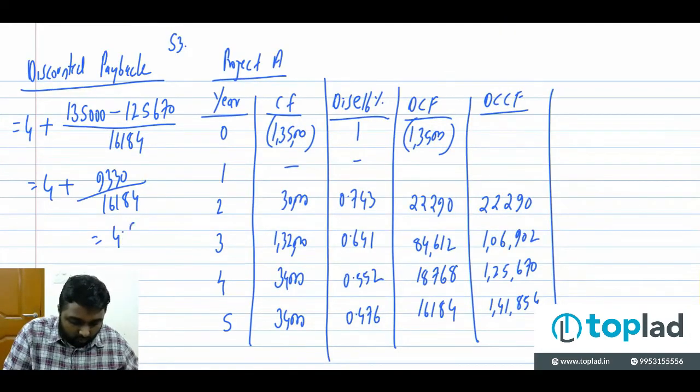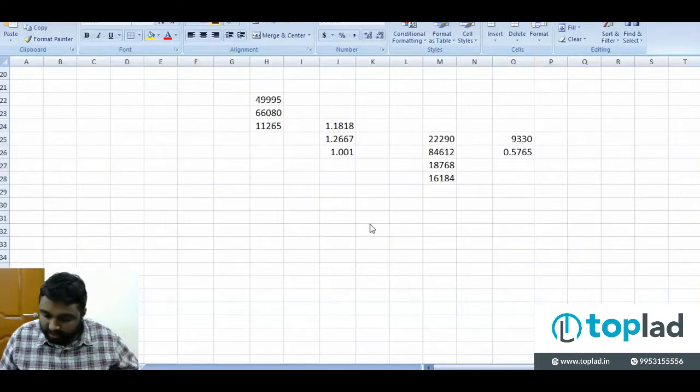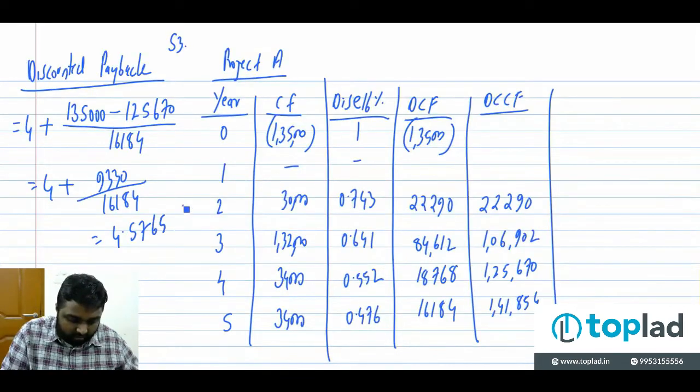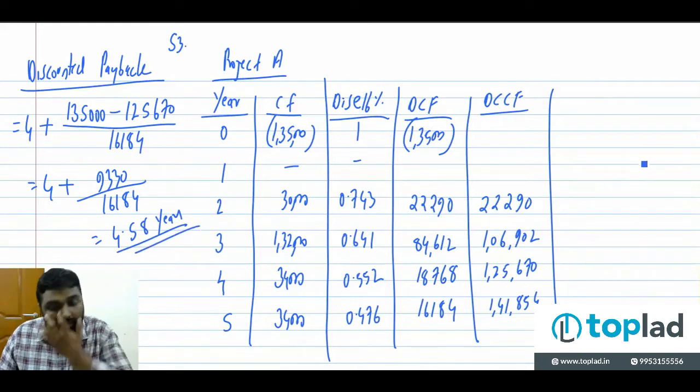So 4.5765 years, or we can round off to 0.58 years, payback period in years.